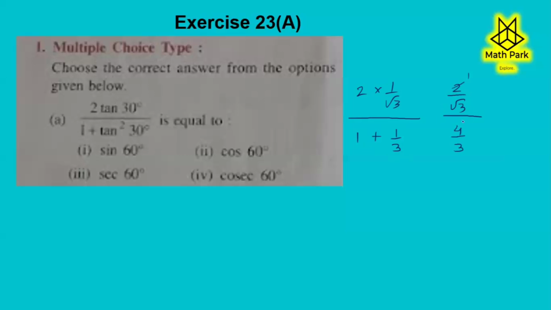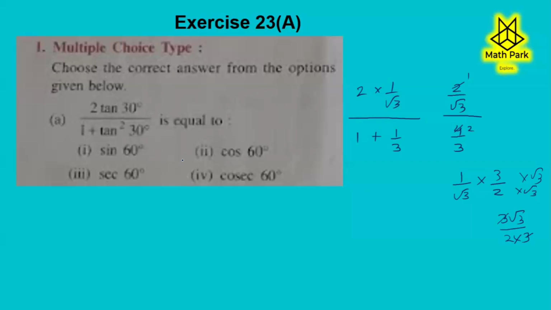Simplify: 2 ones are 2 and 2 twos are 4. So you get 1 upon root 3 into 3 upon 2. Rationalizing it, multiplying by root 3 in the numerator and denominator, we get 3 root 3 upon 2 times 3. This root 3 into root 3 is 3. And that is how we get root 3 by 2.